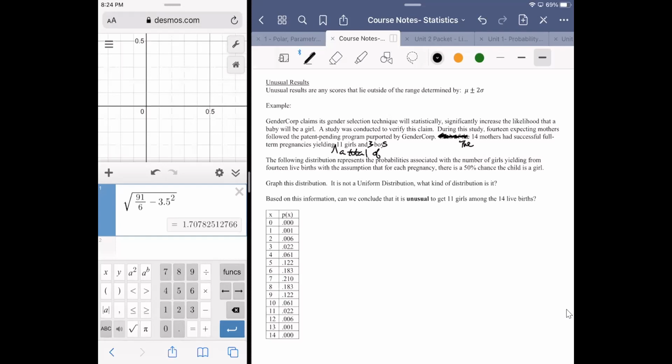Unfortunately, it is possible to have 14 pregnancies and fewer live births, but the intent of the question was not to be disturbing and morbid. The following distribution represents the probabilities associated with the number of girls from 14 live births, with the assumption that for each pregnancy there's a 50% chance the child is a girl. A lot of assumptions going on here. The big one is that it's a 50-50 split between those two genders.